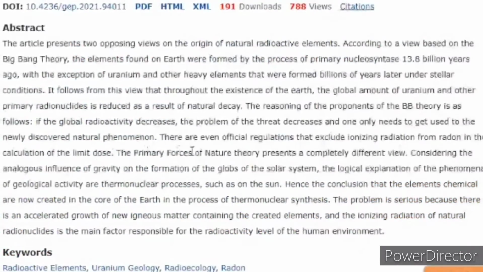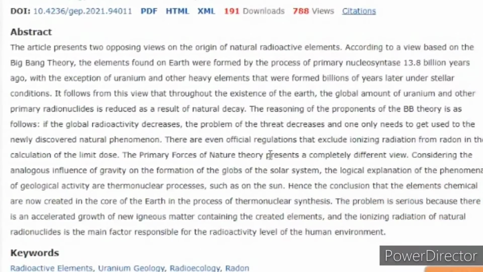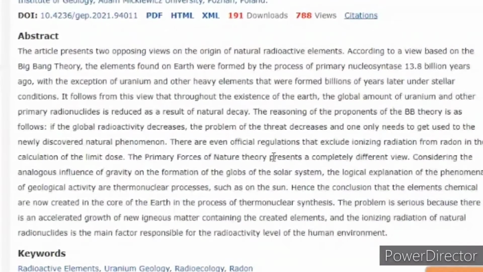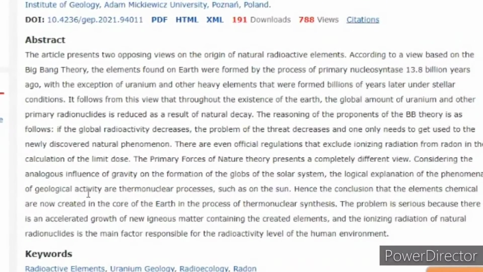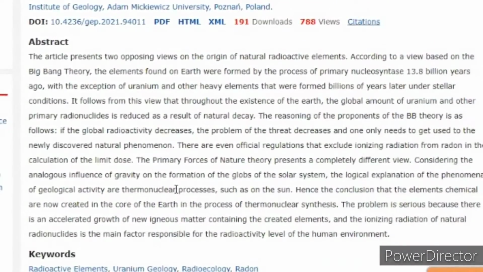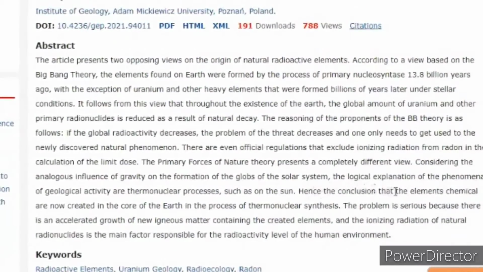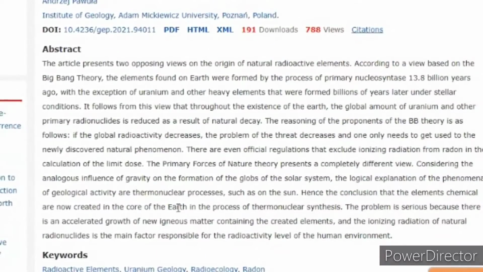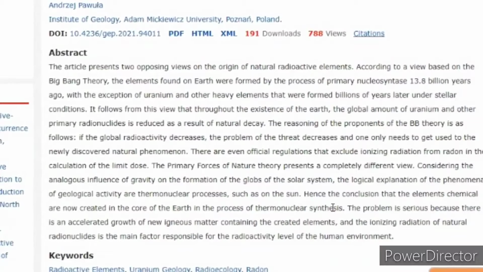The primary forces of natural history presents a completely different view, considering the analogous influence of gravity on the formation of the globes of the solar system. The logical explanation of the phenomena of geologic activity is thermonuclear processes such as on the sun. Hence the conclusion that the chemical elements are now created in the core of the Earth in the process of thermonuclear synthesis.